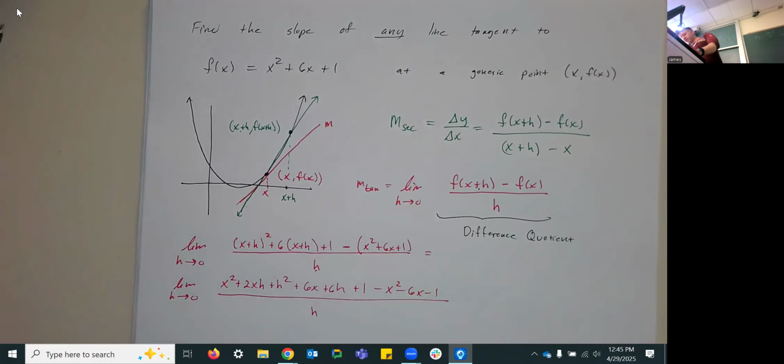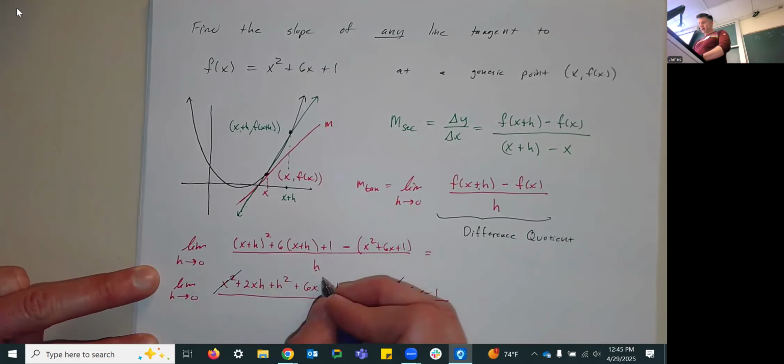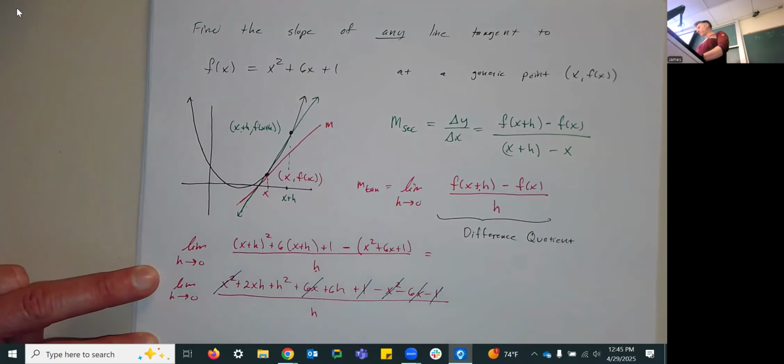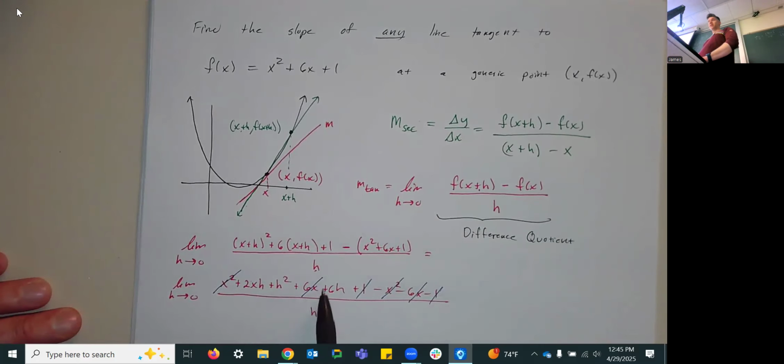Now we cancel some things. The positive x squared and the negative x squared, the positive 6x and the negative 6x, the positive 1 and the negative 1. What should happen, and this is usually an intermediate step that I look for, is that once you've canceled stuff in the numerator, every remaining term should have an h in it. And they do: 2xh, h squared, and 6h.